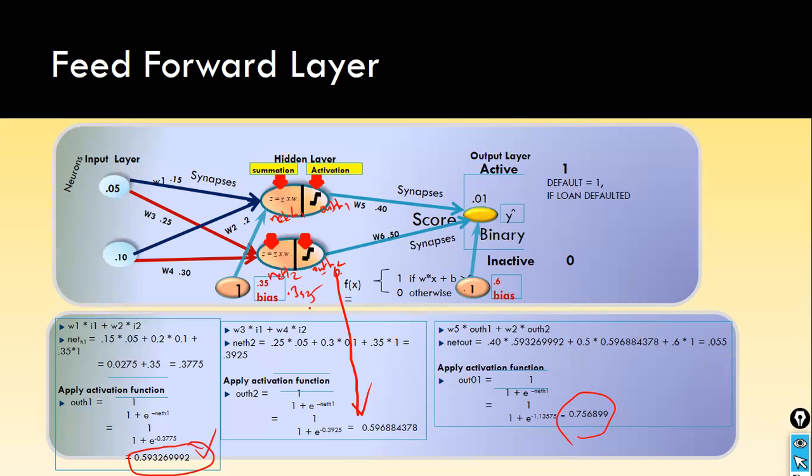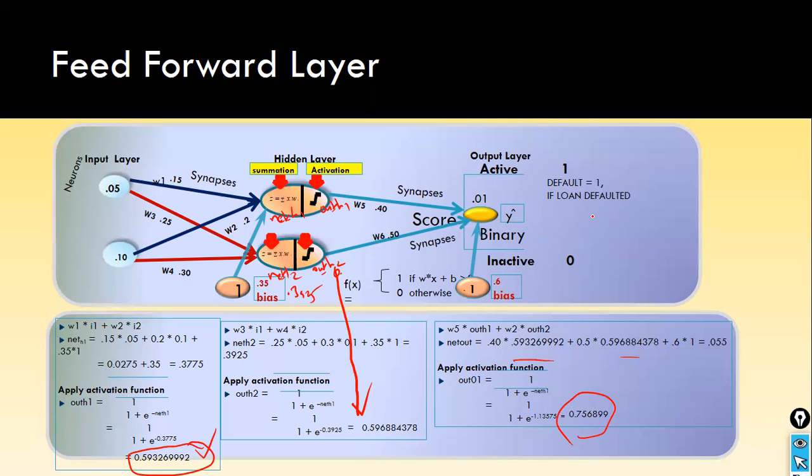If you apply the activation function, you get this one. Finally, these two are coming from out H1 and out H2. When you multiply out H1 with the W5 weight and out H2 with the W6 weight and add these two things, you get some value. If you apply the activation function, in this case a sigmoid activation function, you get 0.75.